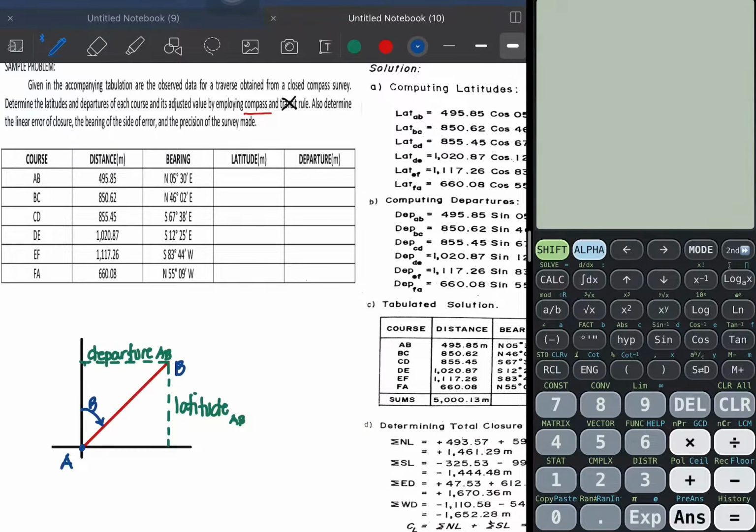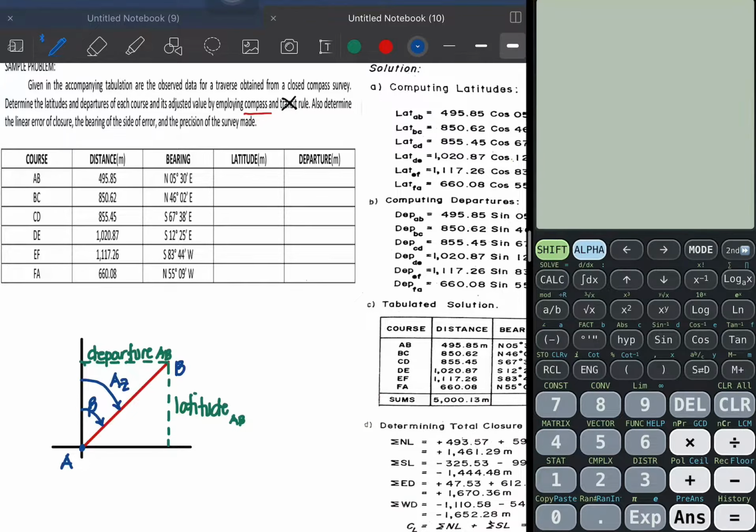Usually from the reference meridian, if bearing is not given, sometimes the given is azimuth. Bearing and azimuth are usually the same for the sign conventions.